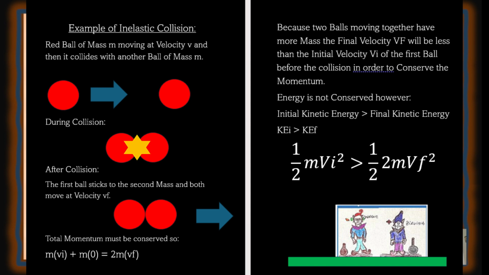Because momentum is mass times velocity, if you have more mass moving, the velocity should be less to counteract the fact that there's more things moving. Energy is not conserved, however. Initial kinetic energy is not equal to final kinetic energy, so the initial kinetic energy will be more than the final kinetic energy.